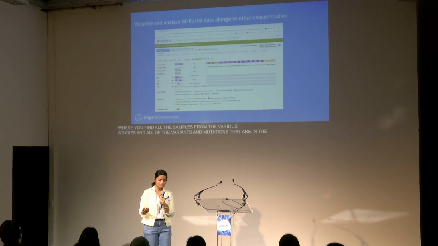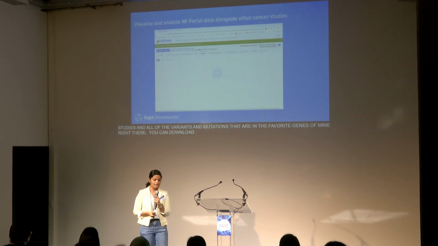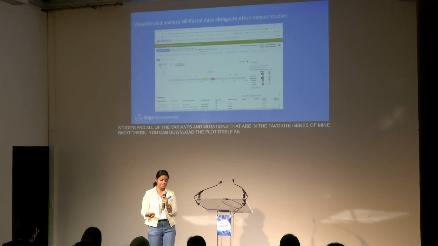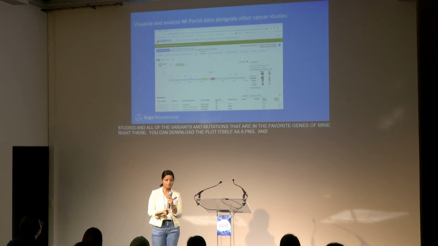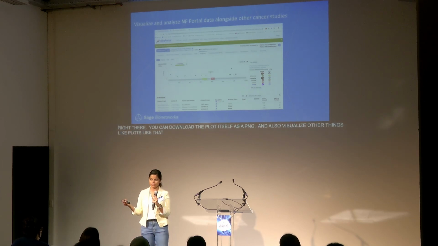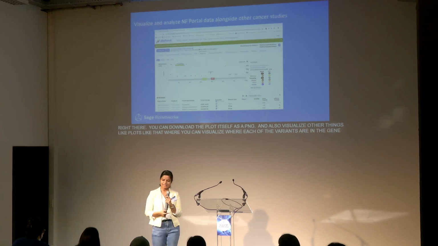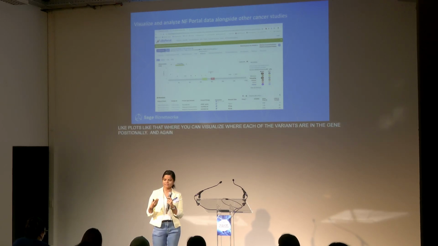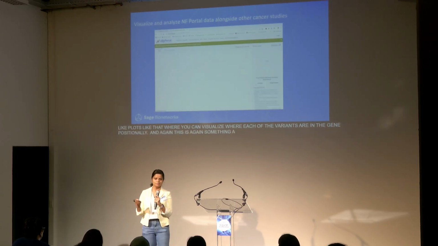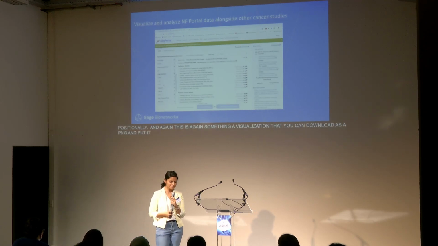You can download the plot itself as a PNG and also visualize other things like lollipop plots, where you can visualize where each of the variants are in the gene positionally. Again, this is a visualization that you can download as a PNG and put in your grant proposal or anywhere else if you want.